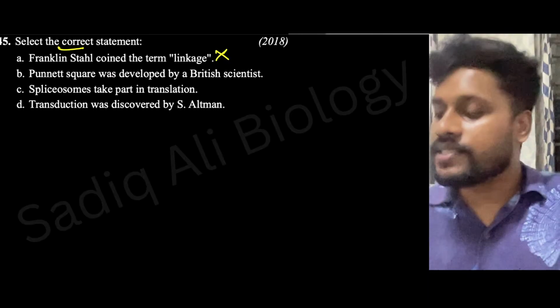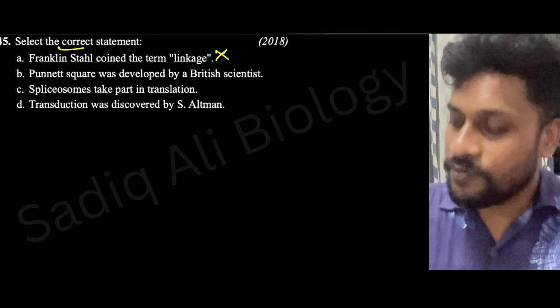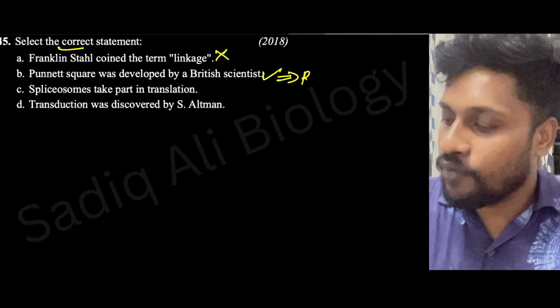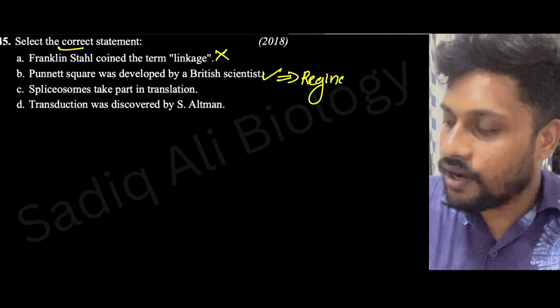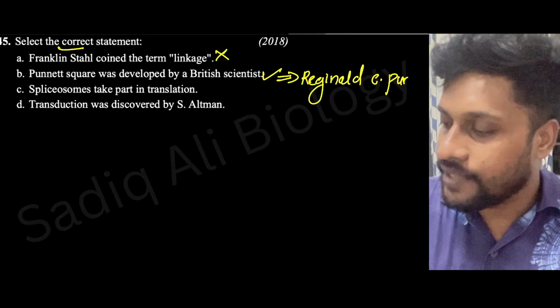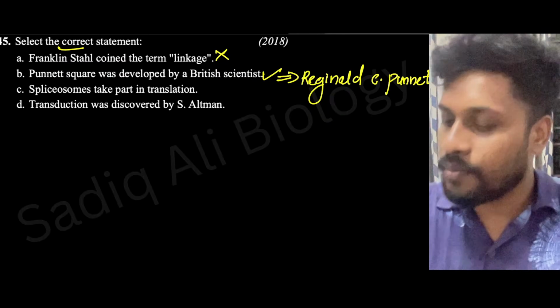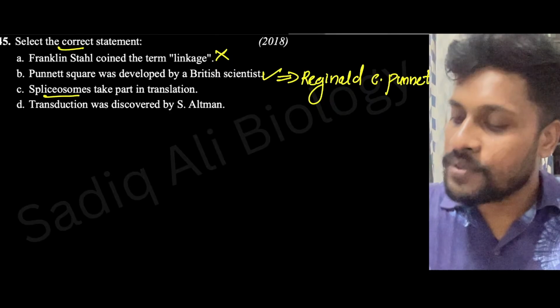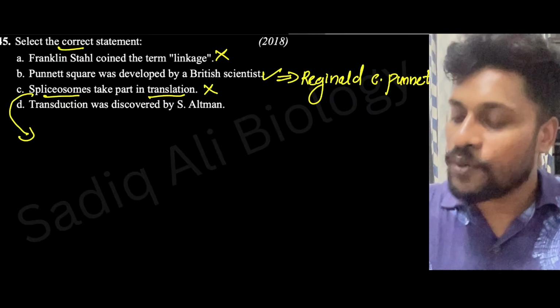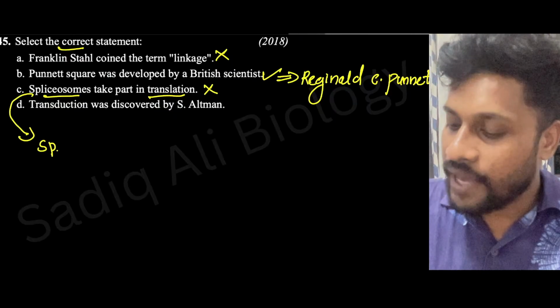Then Punnett square was developed by a British scientist, which is true. And what is the name of that scientist? The name of the scientist was Reginald C. Punnett. Spliceosome takes part in translation, which is wrong because spliceosomes are present in splicing.